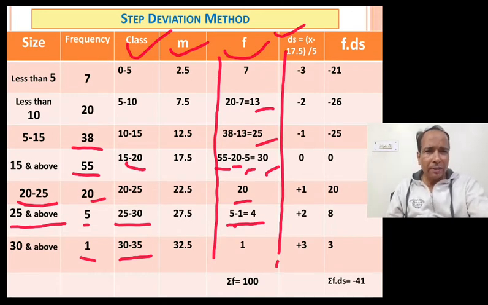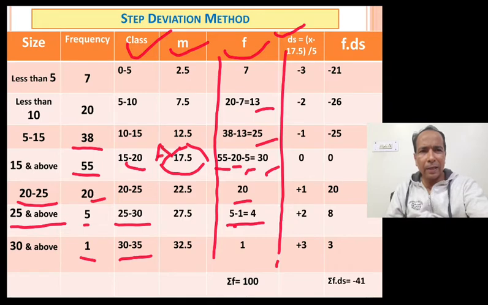So x is any value of observation. 17.5 is the assumed mean. We assumed the middle value to be capital A. So x minus A, you keep on reducing the x value or m value the same.